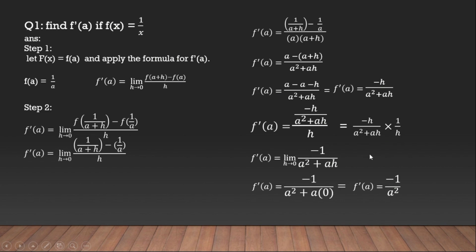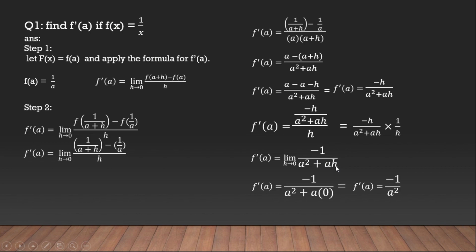And we have this type of relationship here where we have negative h on top and we have h here, so we just cancel these two out, and then we have f prime of a, which is equal to the limit as h approaches 0 for negative 1 divided by a squared plus ah.